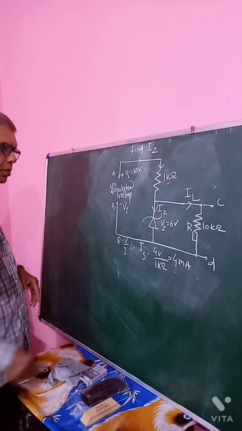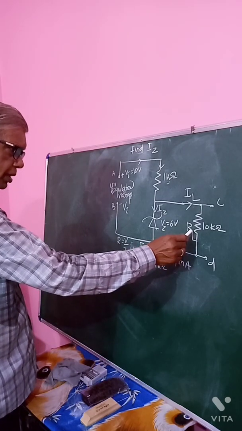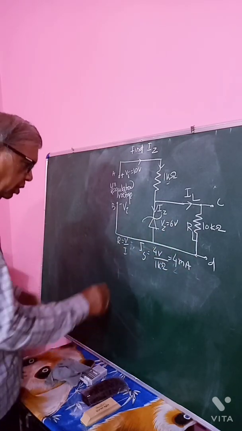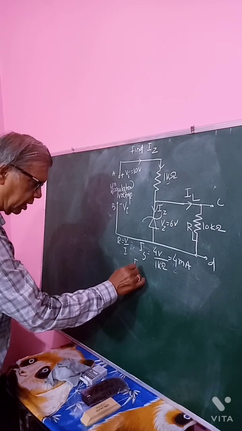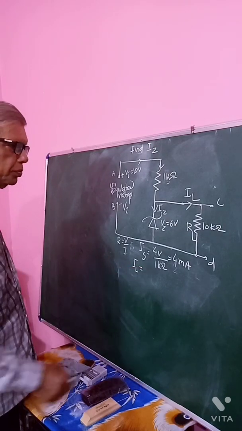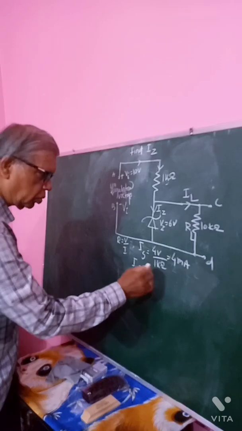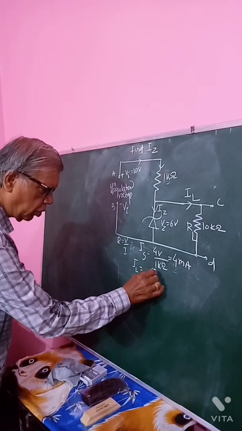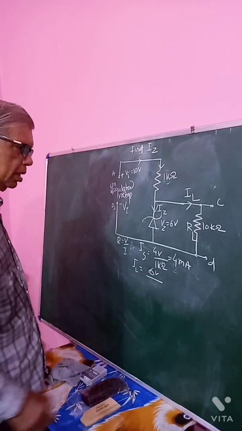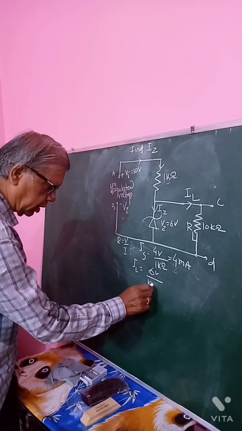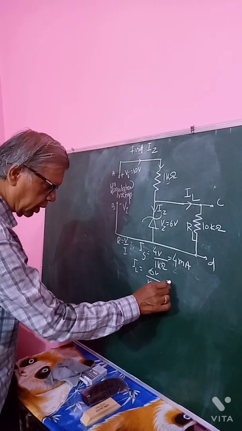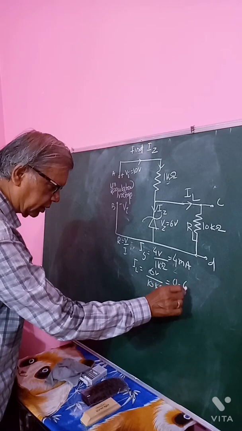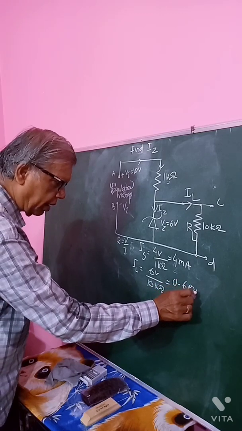Now, the current in RL, which is IL, is equal to 6 volt by RL, which is 10 kilo ohm, that is 0.6 milliampere.